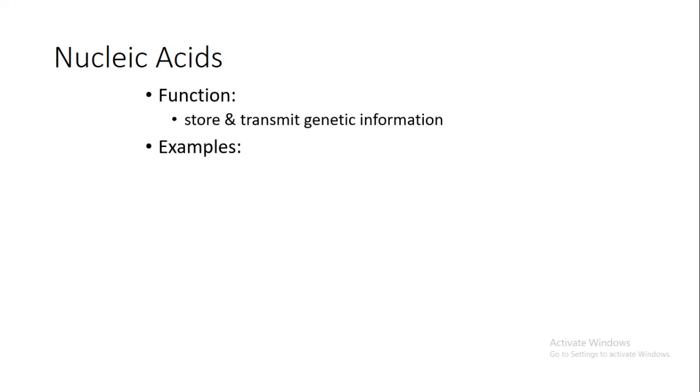To the daughter cells, who are us as children. So the major function of nucleic acid is what? To store and transmit genetic information. But this is not the only function of this nucleic acid.